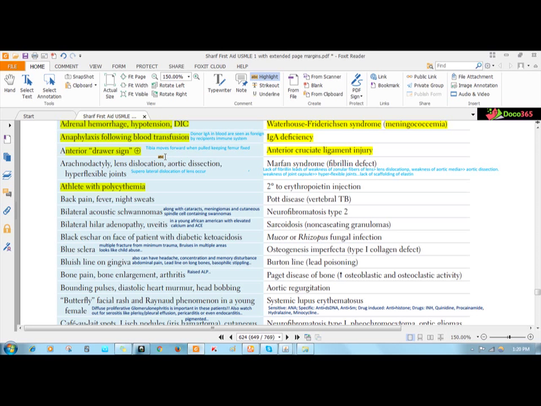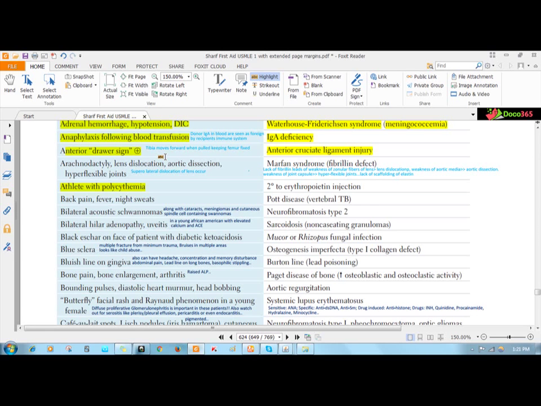And remember the posterior cruciate ligament injury? Yeah. The posterior cruciate ligament comes off from the medial condyle of the femur and attaches on the posterior part of the tibia. Just remember that. This prevents the tibia from going back, so it prevents a backward or posterior displacement of the tibia.